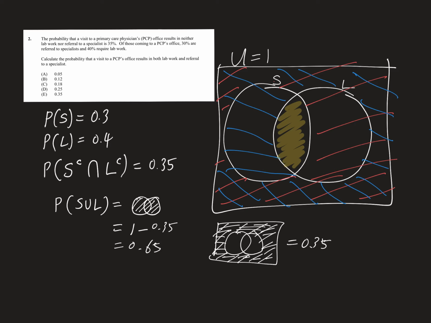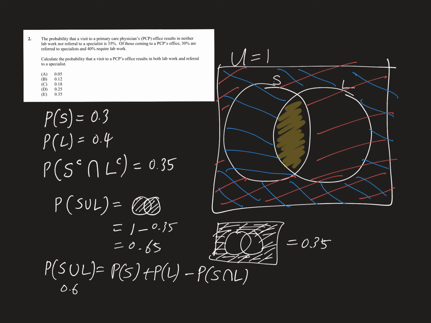And we know the formula: P of S union L is equal to the probability of S plus the probability of L minus the probability of the intersection of S and L. And we already have 3 of the pieces of information here.